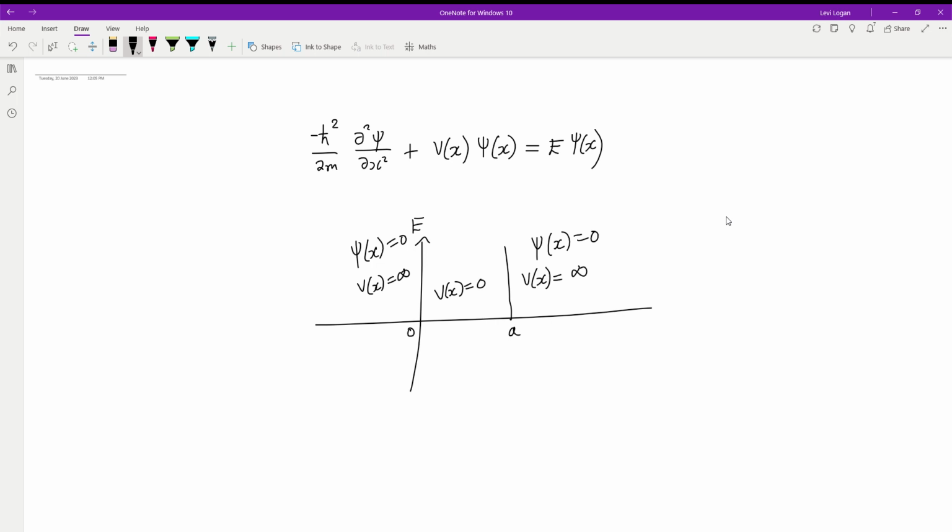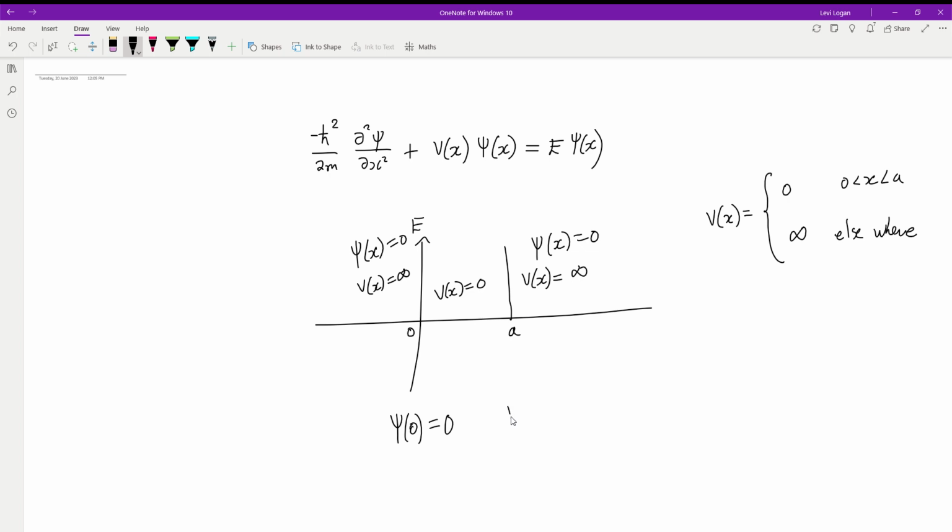So our potential for our quantum particle is as follows. It's 0 where x is between 0 and a, and it's infinity elsewhere. Hopefully that all makes sense. Now, these are also our boundary conditions. At this wall here, the wave function when x equals 0 is 0, okay?